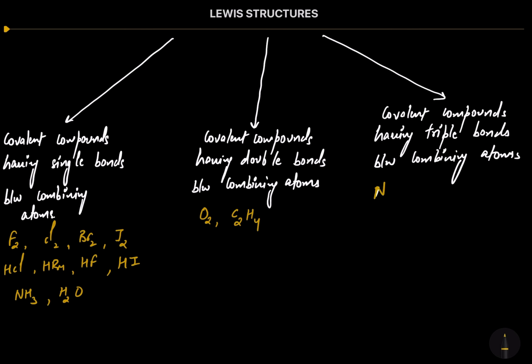The examples are N2, C2H2, HCN, and many more. Now let's draw the Lewis structures of all these compounds one by one.